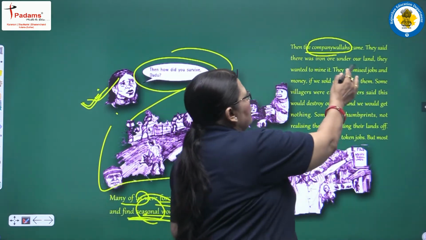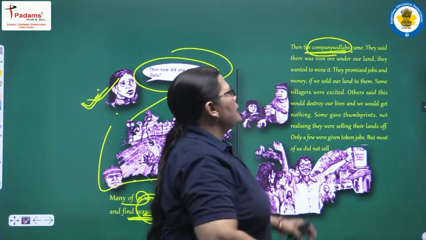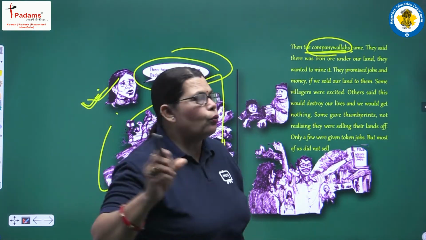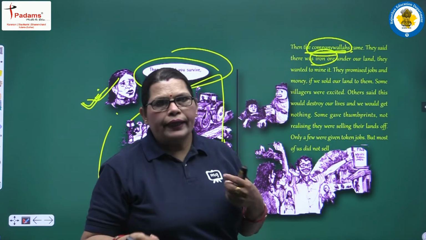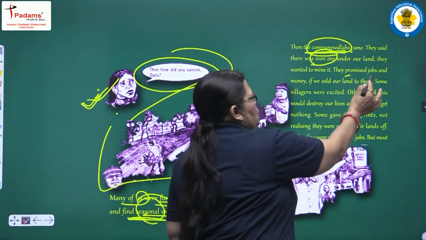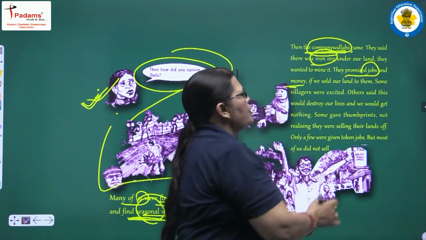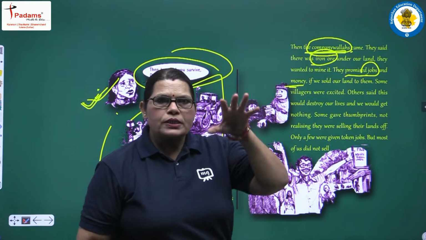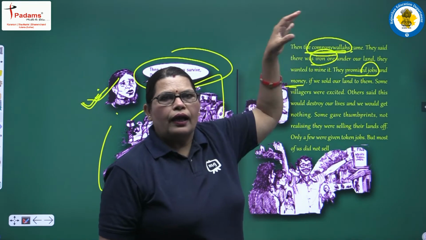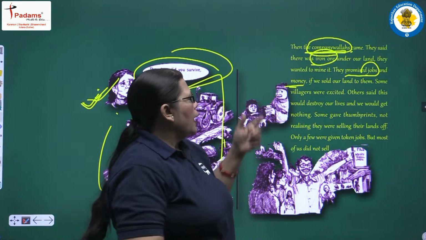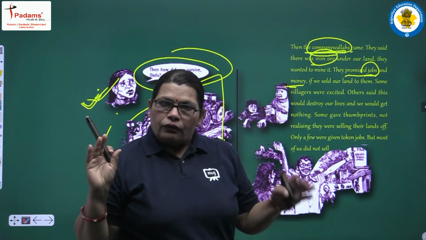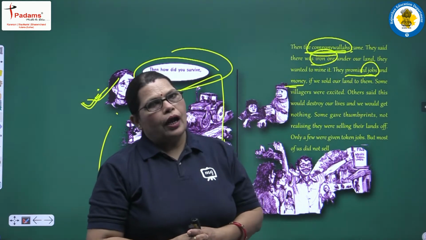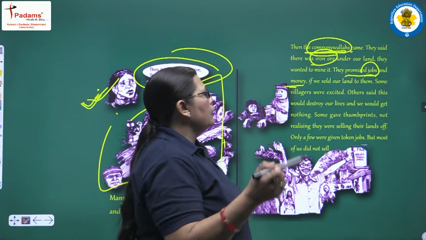Same here, then the company walas came, they said there was iron ore under our land, they wanted to mine it. They promised jobs and money if we sold our land to them. So what condition did the company walas put on the Adivasis? They promised that jobs and money would be there if they sold their houses or land to the companies.